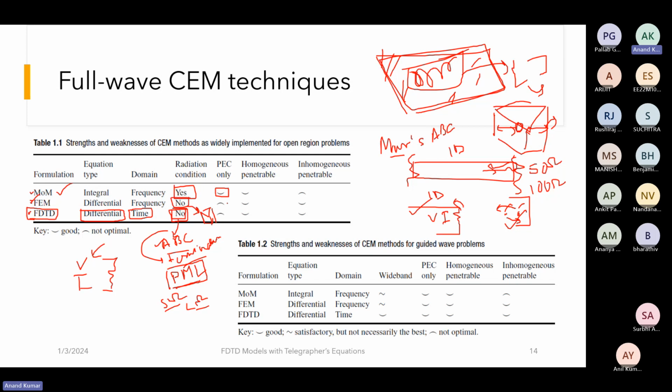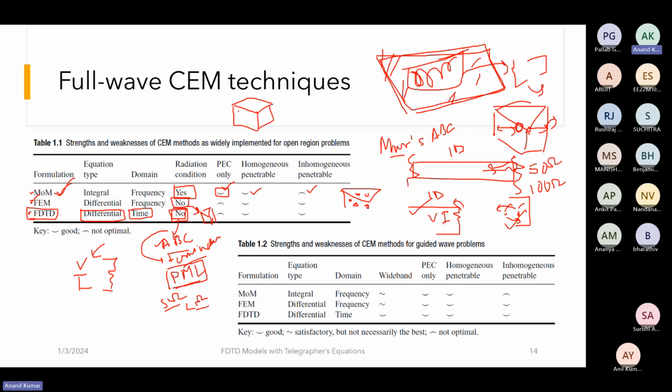So we'll continue. Method of moments is very good for solving perfect electric conductors and homogeneous penetrable media. But for inhomogeneous penetrable media, for example, a structure which has varying dielectric permittivity at different places, method of moments is not the best. We'll see in the coming slides that method of moments meshes only the surface.